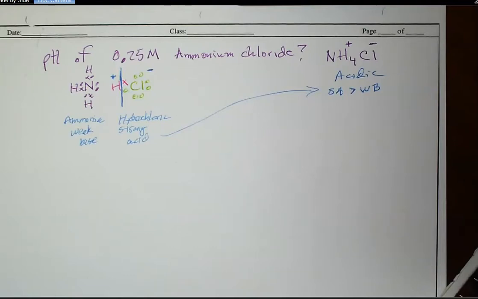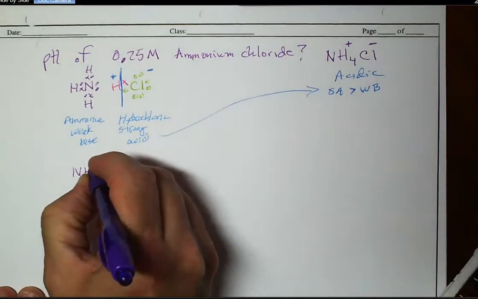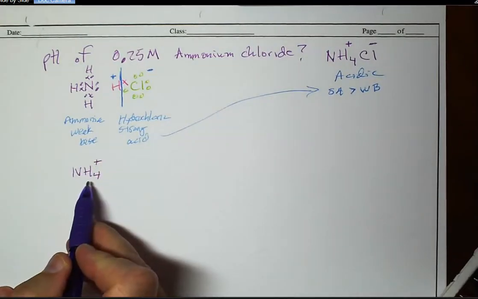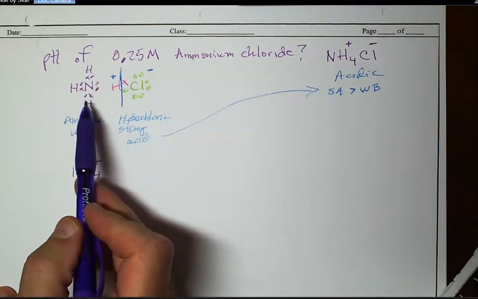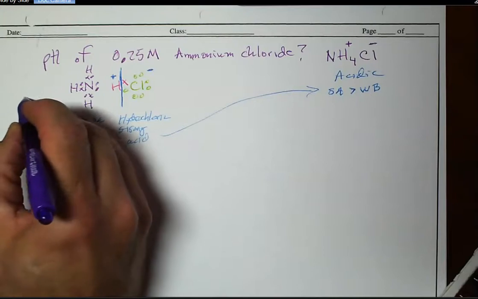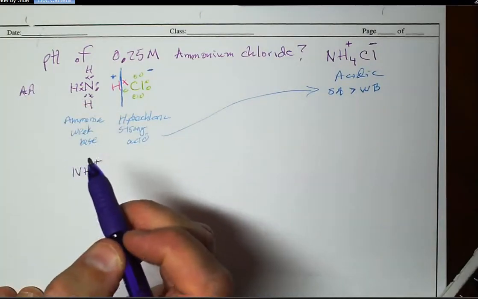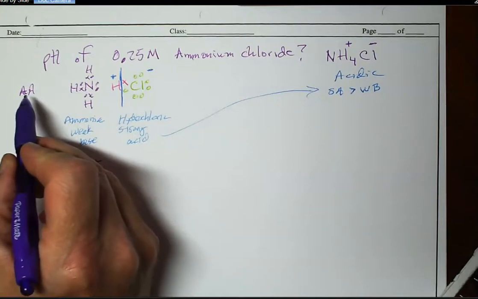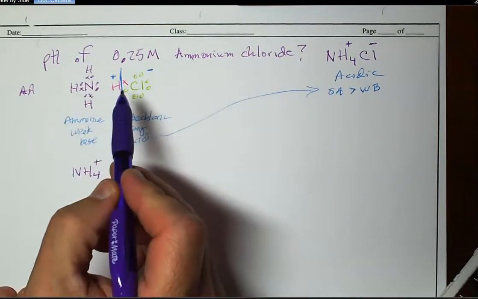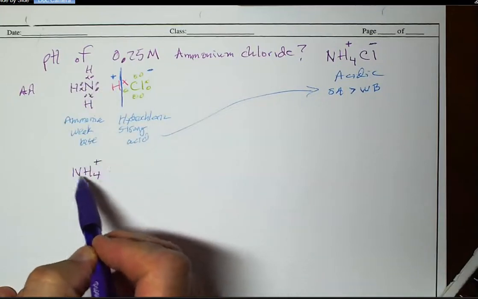Well, ammonium, NH4, is the conjugate acid of ammonia. Now remember, to find a conjugate acid, you add a proton to it. To get a conjugate acid, you add a proton. Well, we took this proton and added it to ammonia to get ammonium.